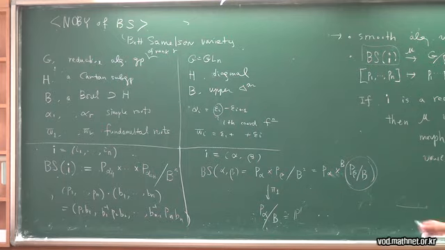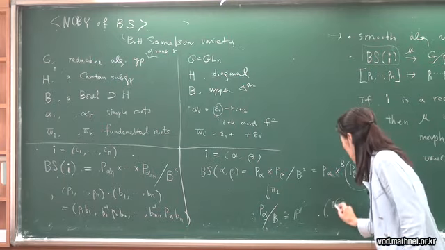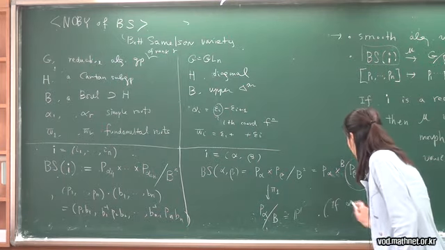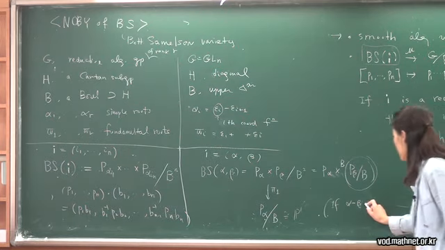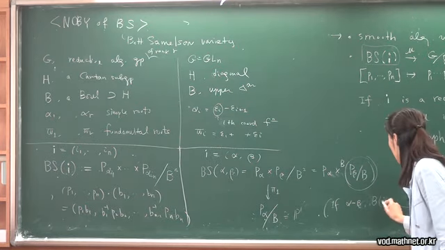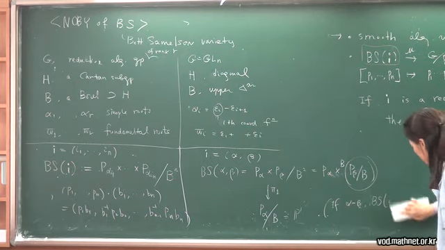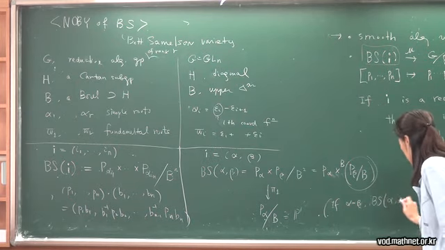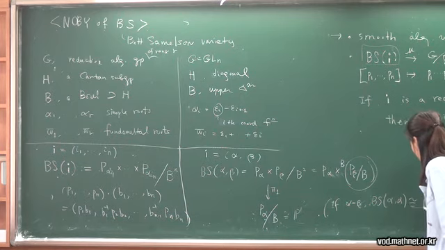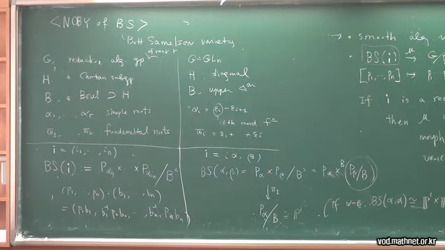So in fact, if I choose these two roots the same, then the Bott-Samelson variety is isomorphic to P1 cross P1. So in this case, you get a toric variety. But Bott-Samelson variety is in general not a toric variety.